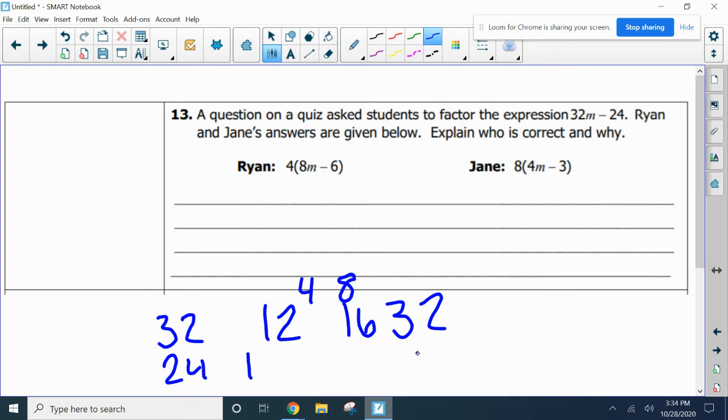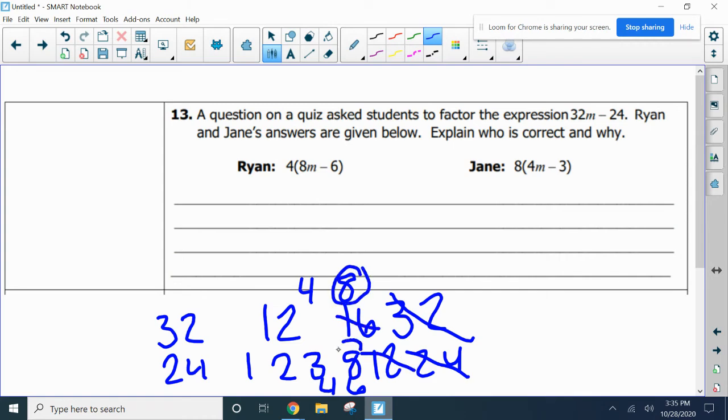And then I have 1 and 24, 2 and 12, 3 and 8, and 4 and 6. So they do not share 32. They do not share 24. They do not share 12 or 16, but they do share 8. So they both share a factor of 8. So right off the bat, Jane is right.